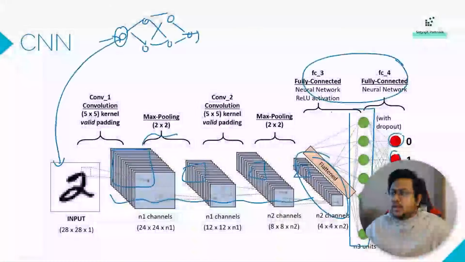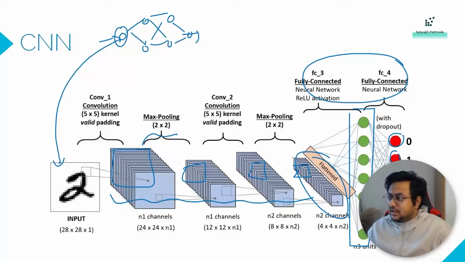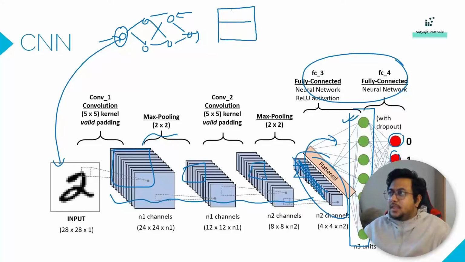Now, what is flattening? You can see after this particular part, it is getting converted into neurons. Just imagine this is your final output of pooling: 1, 2, 3, 5, 6, 7, 3, 2, 1.